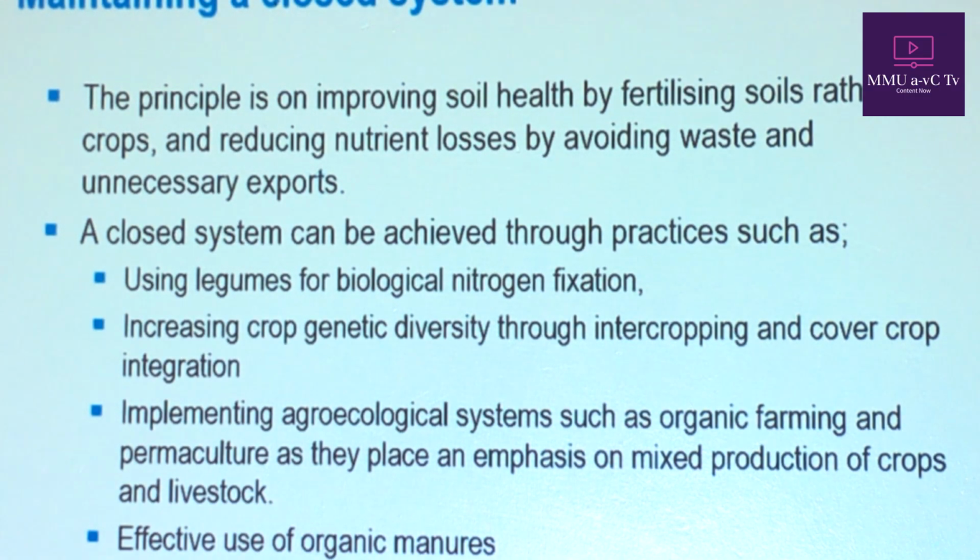A closed system can be achieved through practices such as using legumes for biological nitrogen fixation, increasing crop genetic diversity through intercropping and cover crop integration, implementing agroecological systems such as organic farming and permaculture as they place an emphasis on mixed production of crops and livestock, and effective use of organic manures. All these strategies will facilitate having a closed loop on the farm.